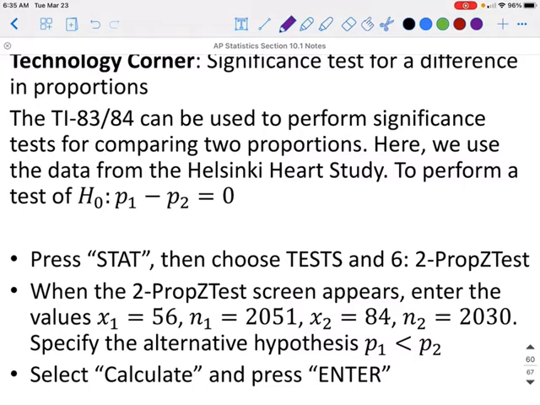Our x1 value was 56, and our sample size for population 1 was 2,051. x2 was 84, and the sample size was 2,030. You need to specify that your alternative hypothesis is that p1 is less than p2, or in our case, p1 minus p2 is less than 0, but if you rearrange that, it would be p1 is less than p2. You can then select calculate and press enter, and it should run that test for you and give you your p-value.